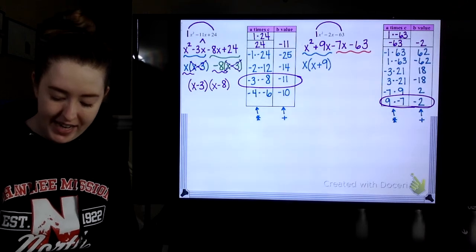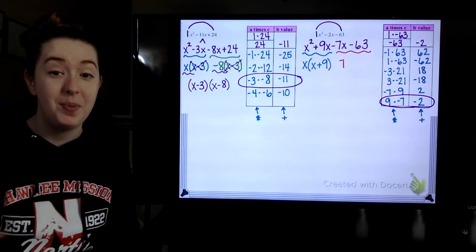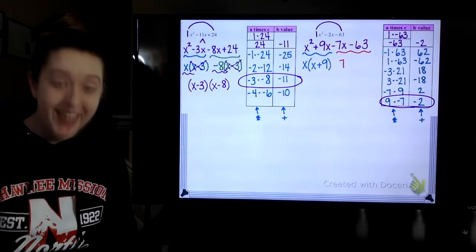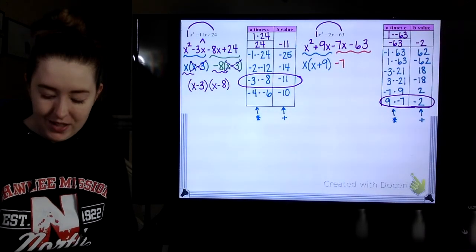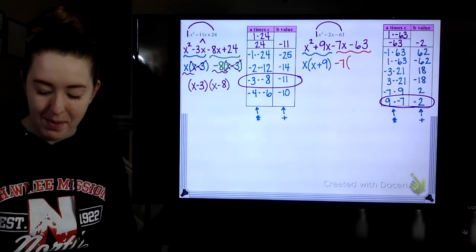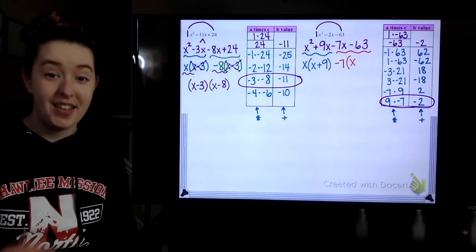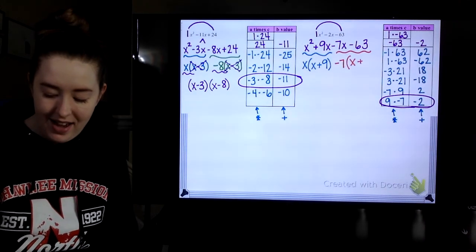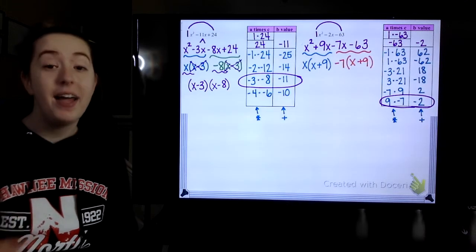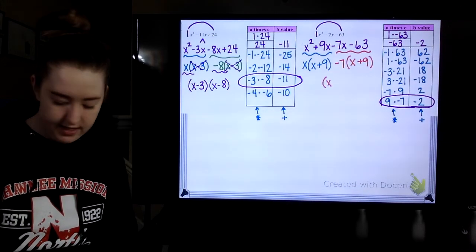The greatest common factor is 7, but I need to make sure that my sets of parentheses match. So I need to factor out a negative 7. That way when I take negative 7x divided by negative 7, I end up with positive x, and when I take negative 63 divided by negative 7, I end up with positive 9. So that way I can factor out those two sets of parentheses that are always the same.